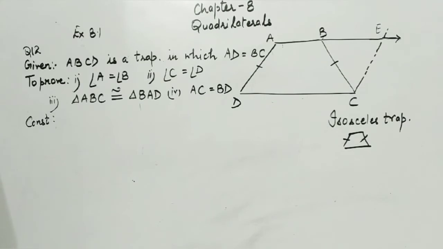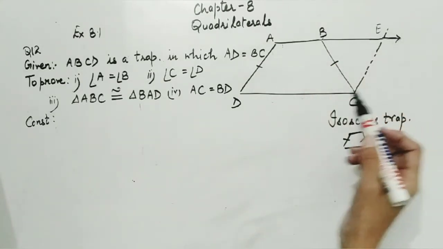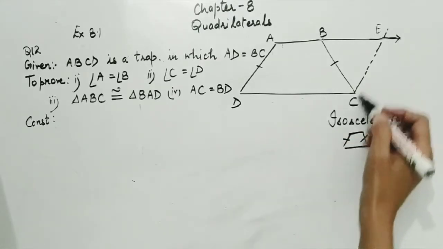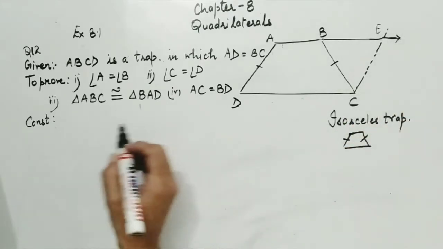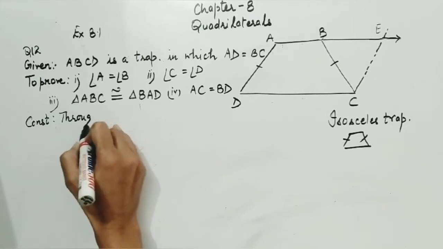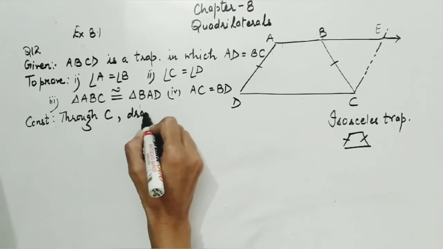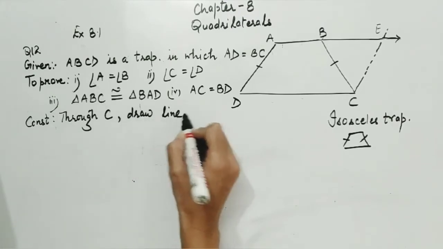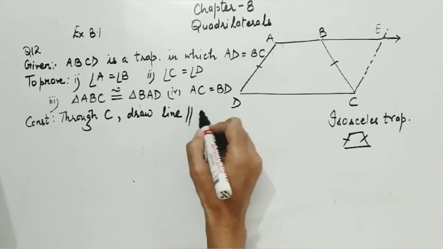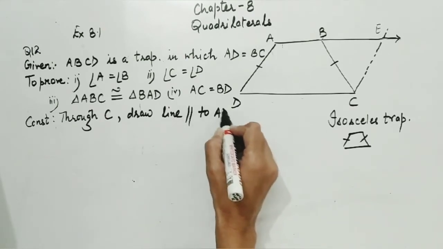So here a small construction is required. The construction is already done. It's done in your textbook even. So I would just tell you what the construction over here is. Through C, draw a line parallel to AD.